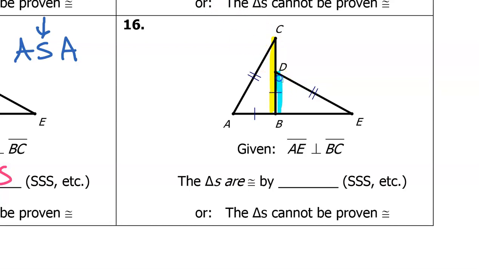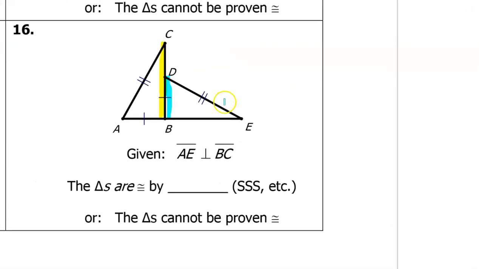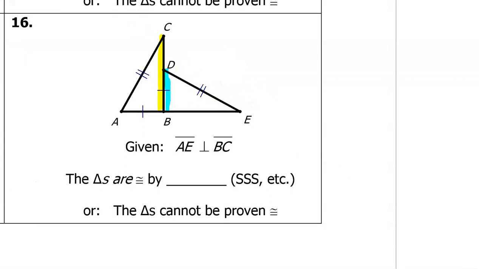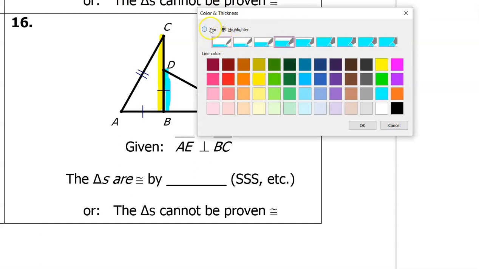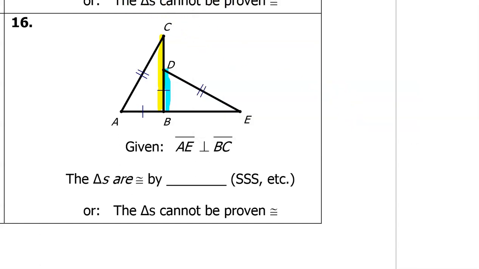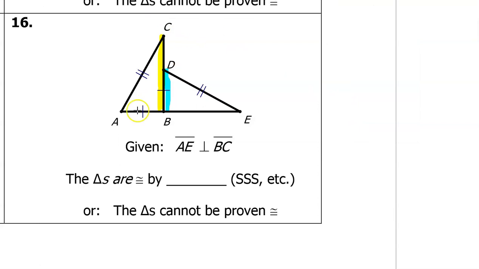So these are not the same. So we cannot mark these congruent. Instead, it might be best to draw these triangles separately. So that's what I'm going to do. I'm going to take the extra step and draw these triangles separately so you can really see what's happening here.